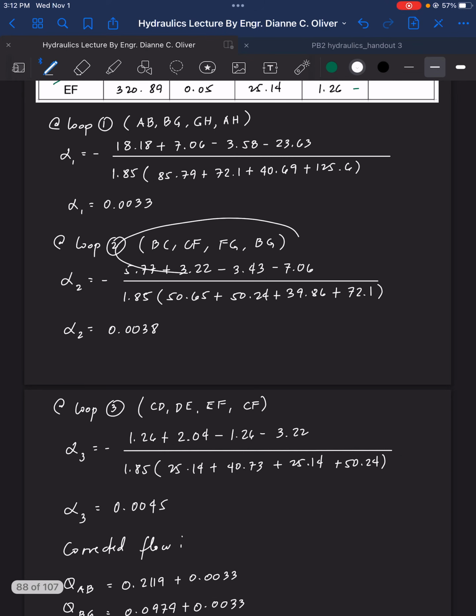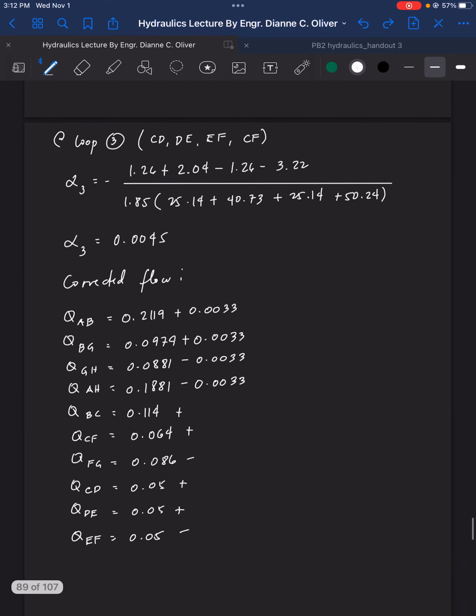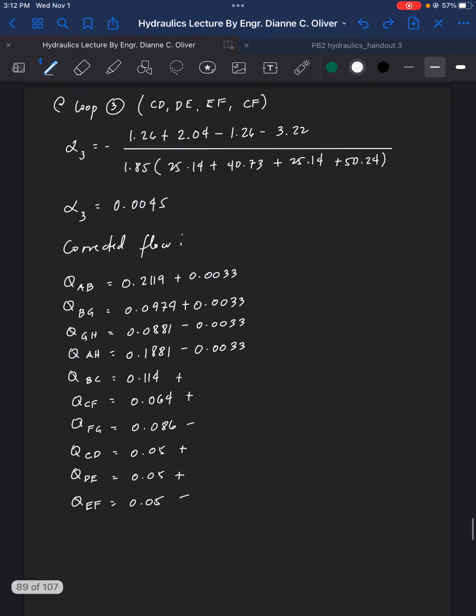So here are the group for loop number 2, 0.0038. So for BC, that is positive 0.0038. For CF, that is positive 0.0038. QFG is negative 0.0038. CD.